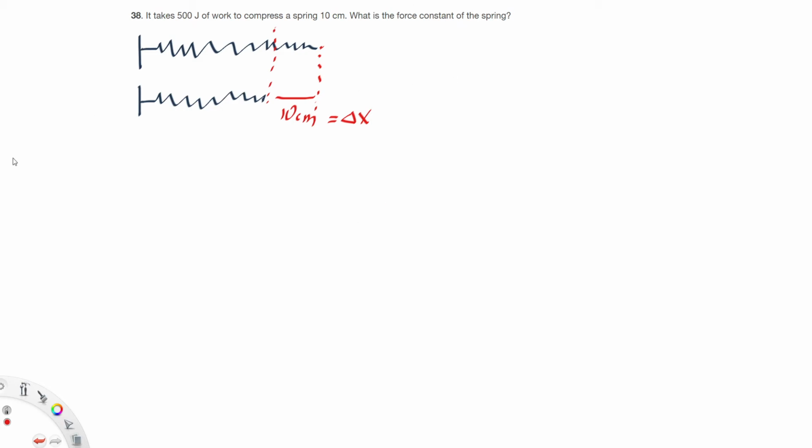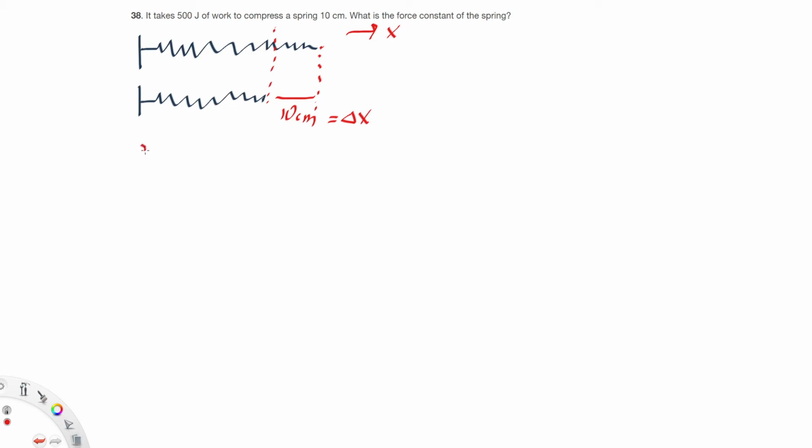So this is a one-dimensional problem, but we'll note that this is the positive x direction, the direction in which the spring gets longer. And we'll pull out our definition of spring potential energy.